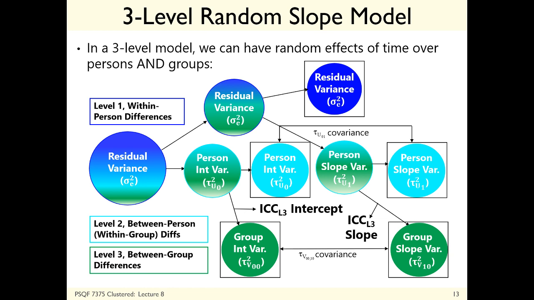So that's ICC level 3, just like from before. I can also take, of the total time slope variation across levels 2 and 3, how much of that is between groups at level 3. That's an ICC for the slope specifically. How much of the slope variation is shared between groups relative to individuals within a group?